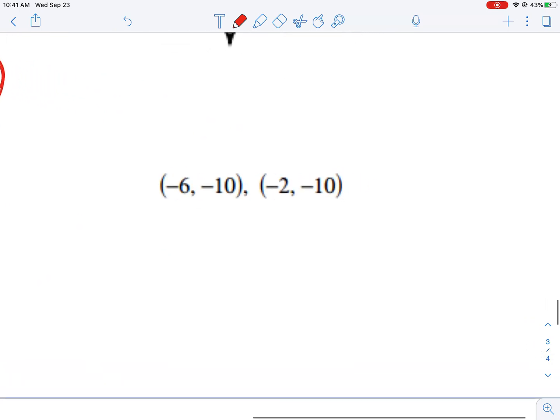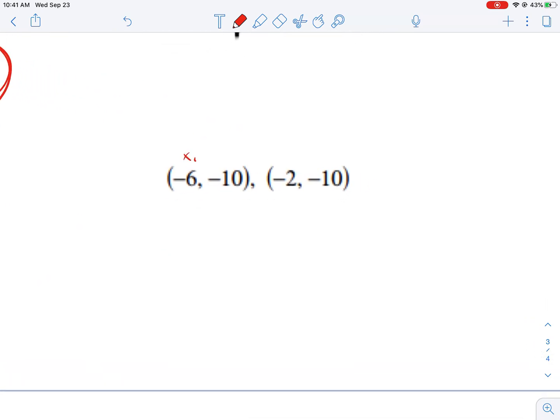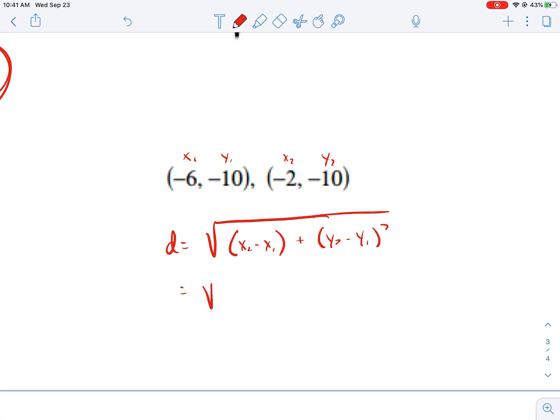Okay, one more down below, and we'll call it a day. So here, we're not given the graph. That's all right. I can still find this distance. We don't need it. So I go distance is equal to x2 minus x1 plus y2 minus y1.